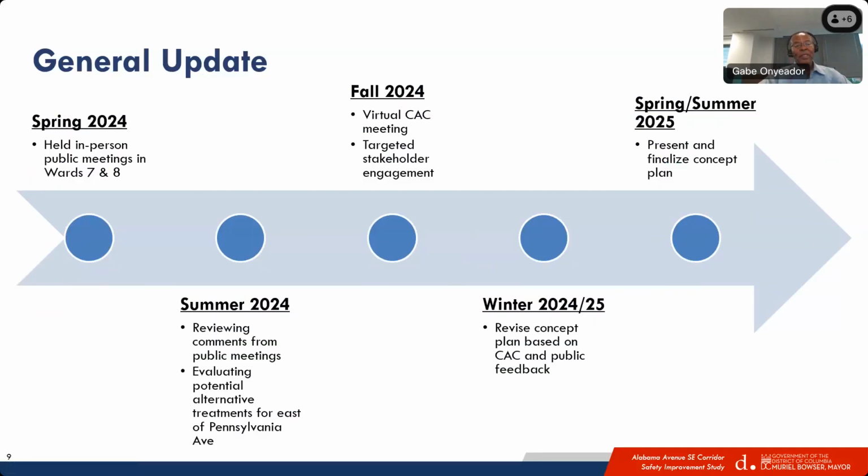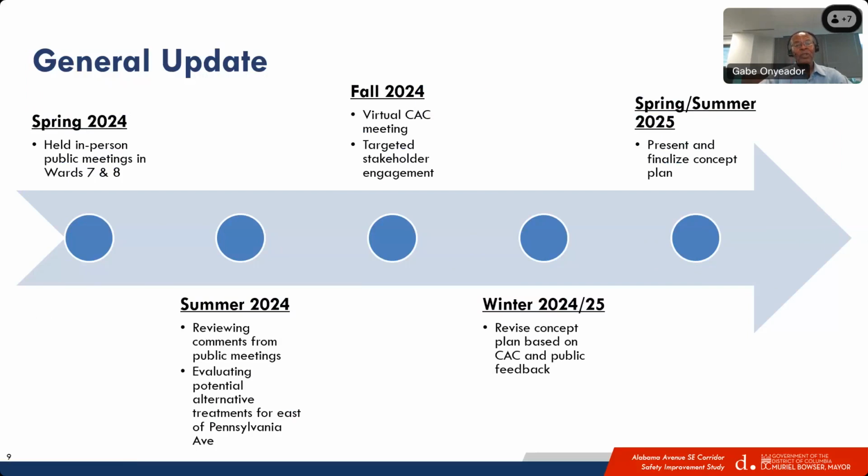This is the general update since we last met in March. In spring of 2024, we had a public meeting. In summer 2024, we've been reviewing all the comments we received from the public meeting and evaluating the information relative to the alternatives we presented.